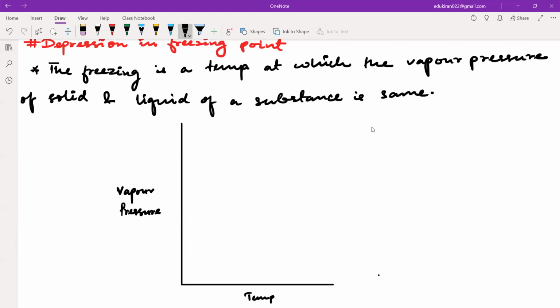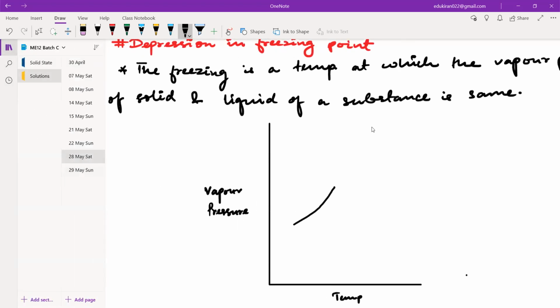The thing is obvious that if we have different temperatures, the vapor pressure will be different. Now this is the point where the substance is solid, it is solid at these points.